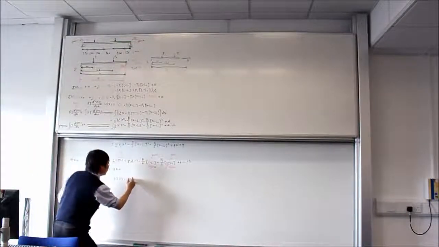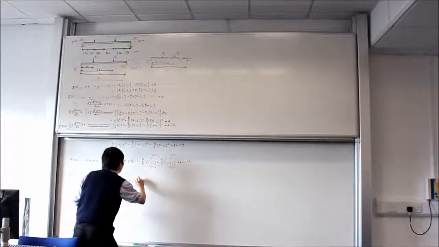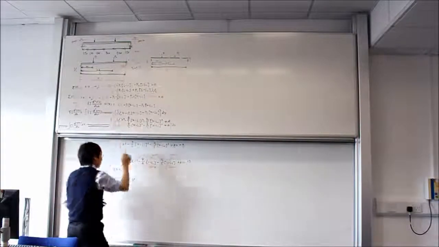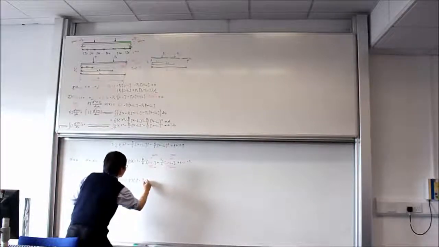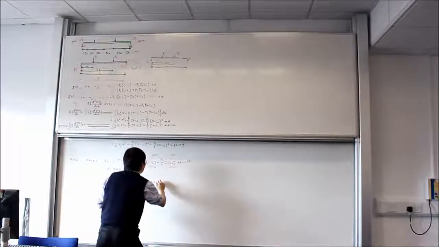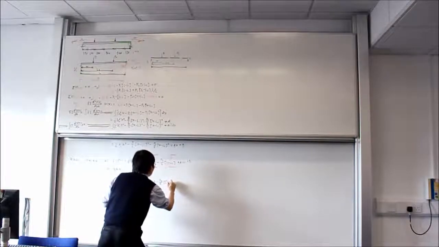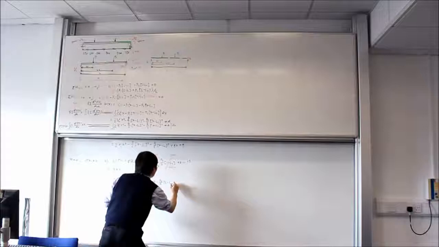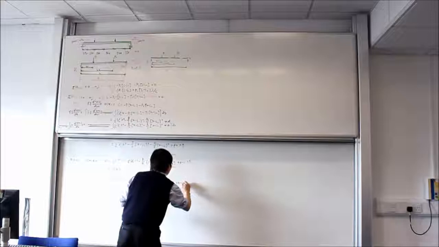So this should equal to 1/6 VL, and this is a capital L, which is the support reaction at the left-hand side, times L cubic, minus P1/6 times L minus L1, minus P2/6 times L minus L2, plus A times L, and then B equals 0.